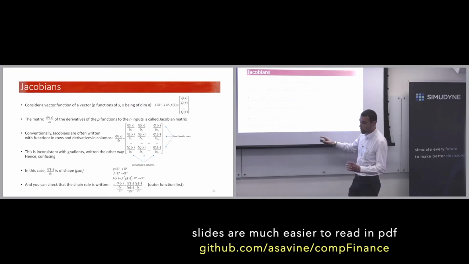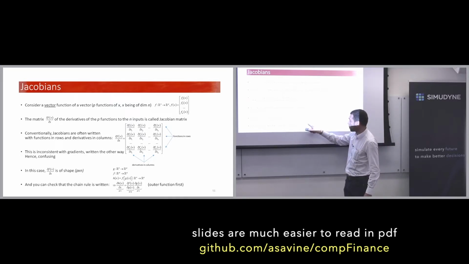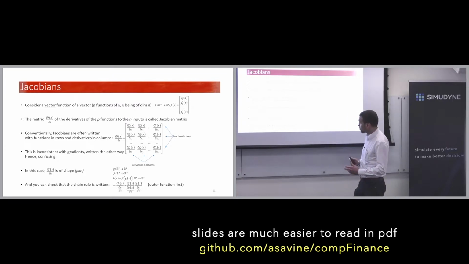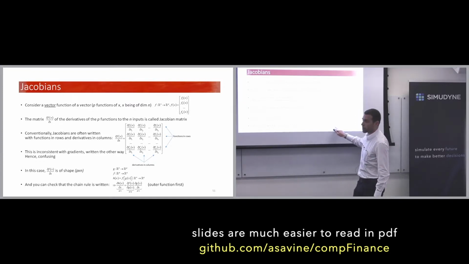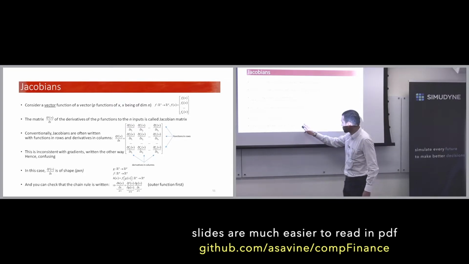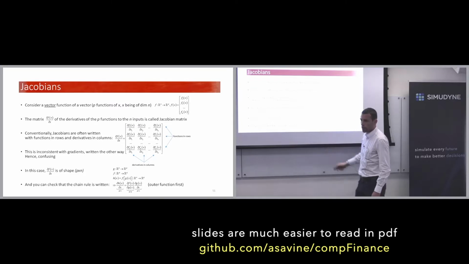So it will be the product of the Jacobian matrices of f with respect to g and g with respect to x. And because you know matrix product is not commutative, the order is important. And in this case, the chain rule is written outer function first. So it's really df over dg times dg over dx, right?